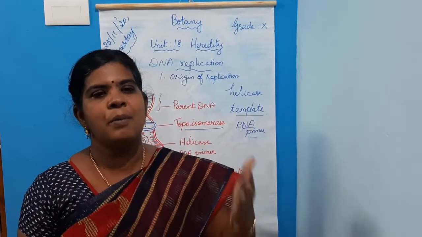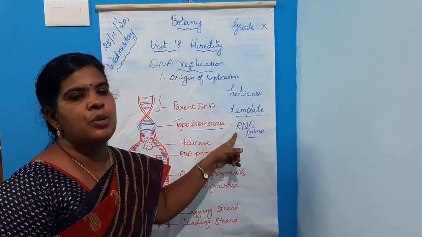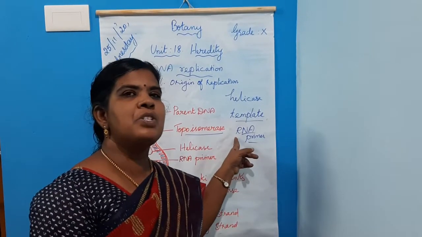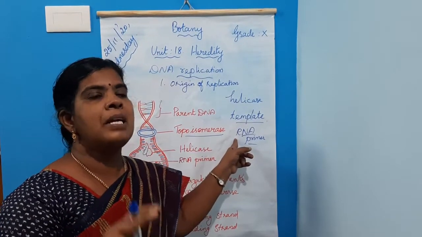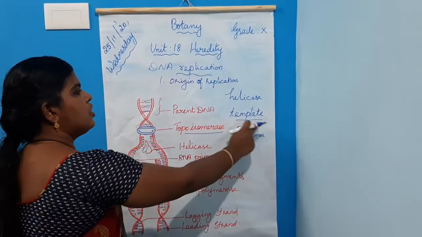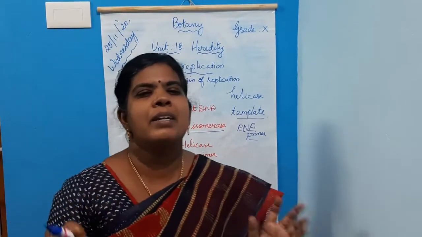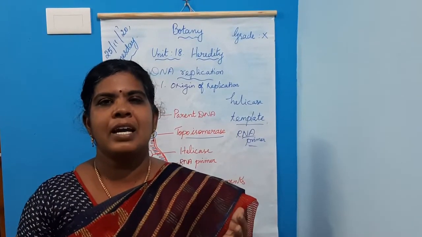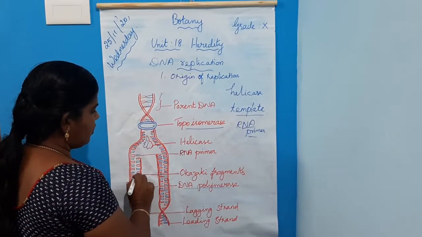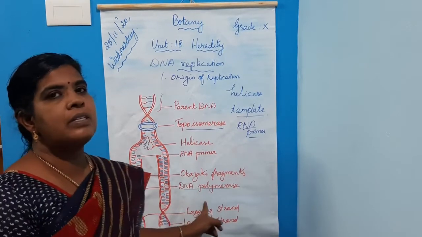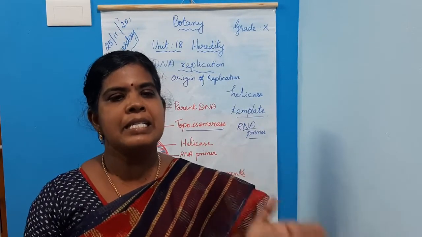After the formation of the RNA primer, new nucleotides are added with the help of the enzyme DNA polymerase, and a new complementary DNA is formed from each parental strand.